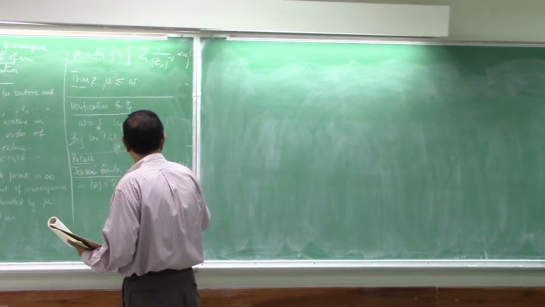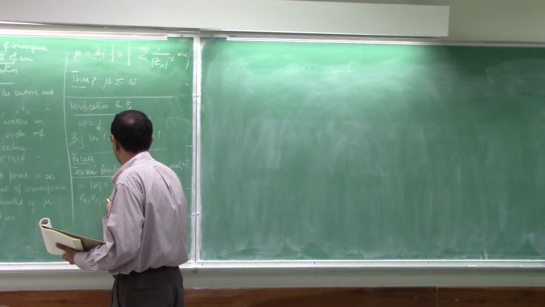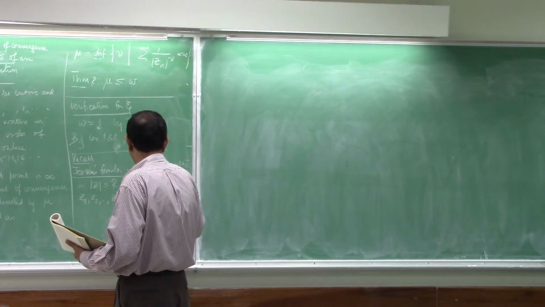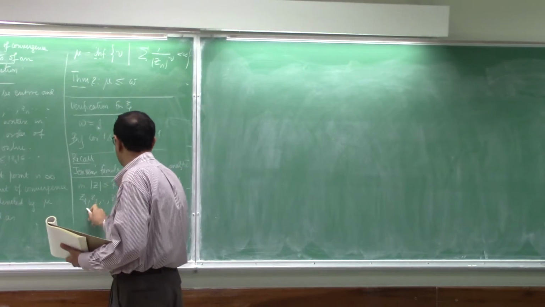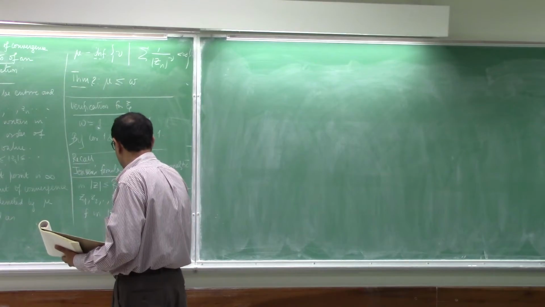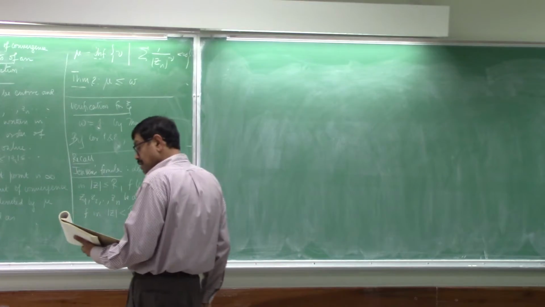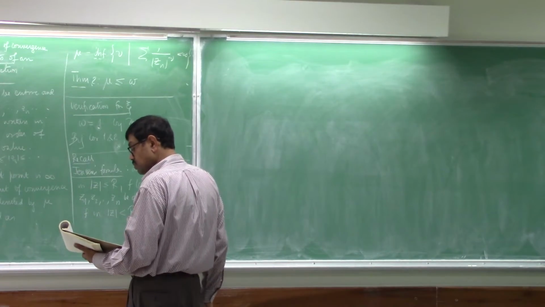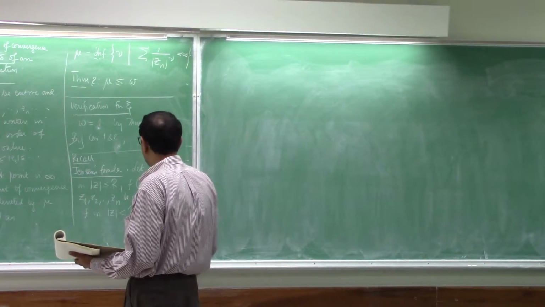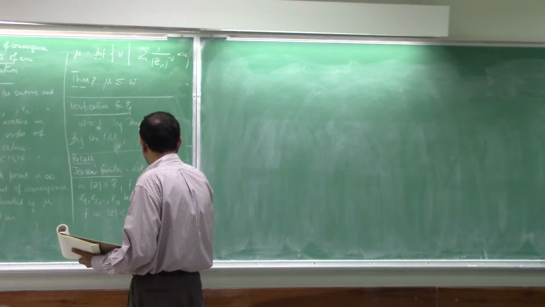And let z1, z2, ..., zn be all the zeros of f in absolute value of z less than R. Maybe I should also say that there is no zero on the circle of radius R. Anyway, multiple zeros are written multiply.